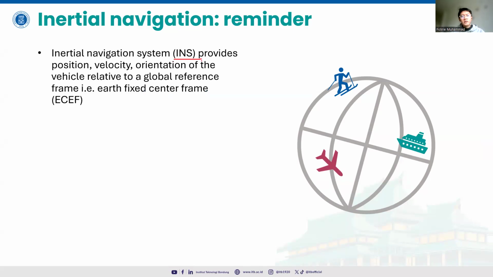So the INS, the inertial navigation system, is a system, right? In the system, we will have the sensors. The sensors consist of gyroscopes and accelerometers. The combination of these sensors is the inertial measurement unit, or the IMU.